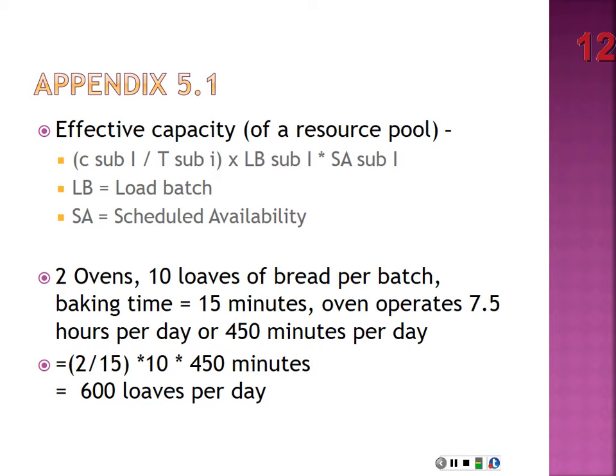The effective capacity of the pool is given as, okay, we have 2 ovens, divided by T sub i, which is 15, times the load batch of 10, times the scheduled availability, which is 450. That says we can do 600 loaves per day. And again, that is all described verbally on page 117 of your text.